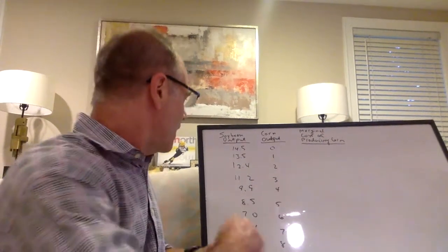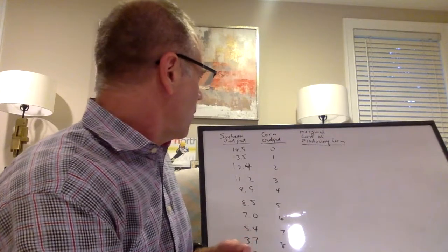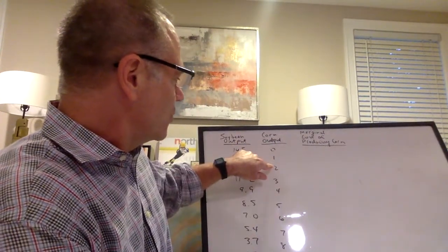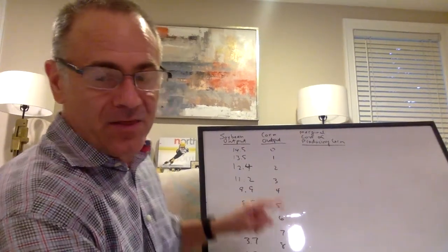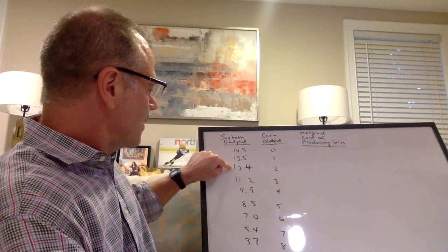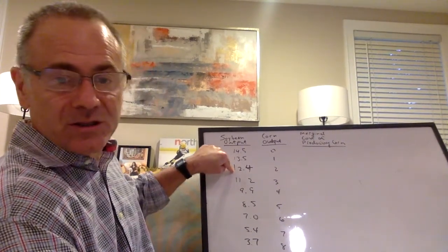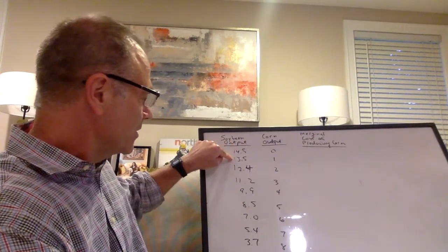Now, meanwhile, if the farmer wants to produce 2 bushels of corn, then he can only produce 12.4 bushels of soybeans. And notice that decreases by 1.1. Before it only decreased by 1.